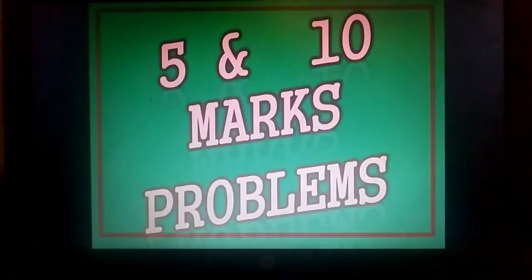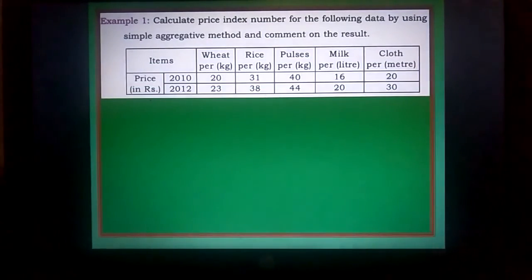Now let us concentrate on 5-mark and 10-mark problems. First question: calculate the price index number for the following data using the simple aggregative method and comment on the result. The items given are wheat, rice, pulses, milk, cloth.